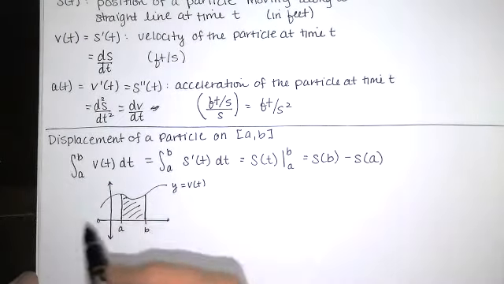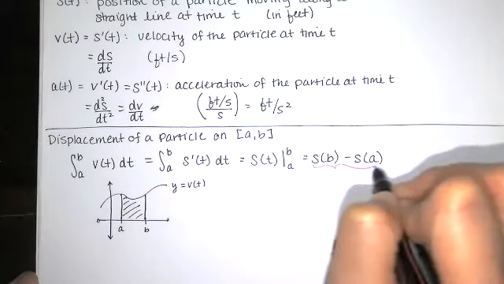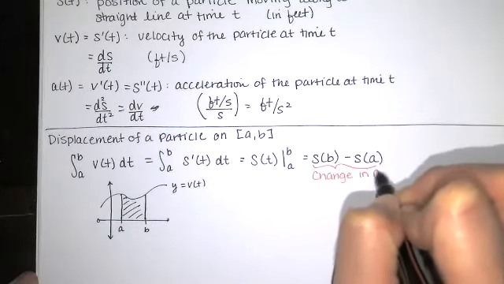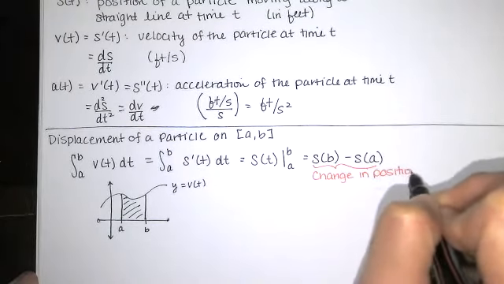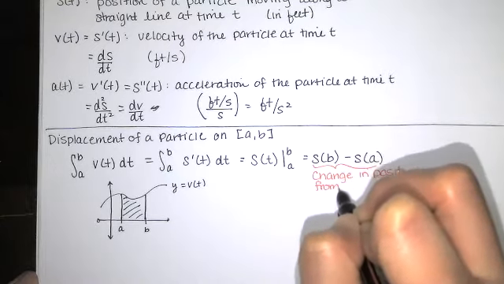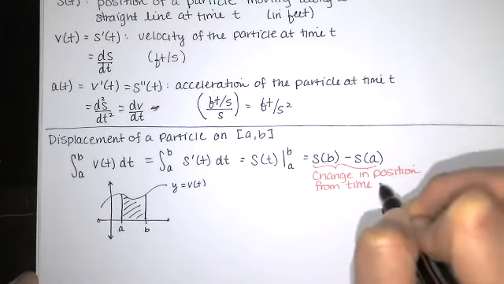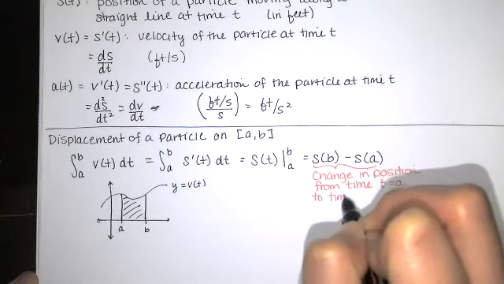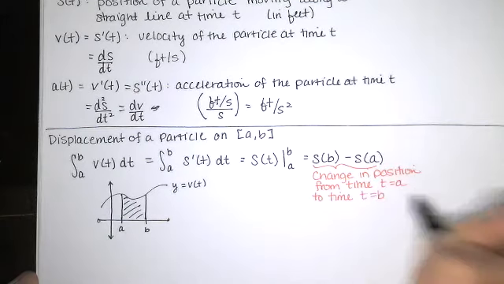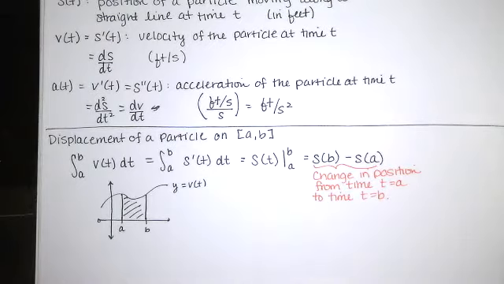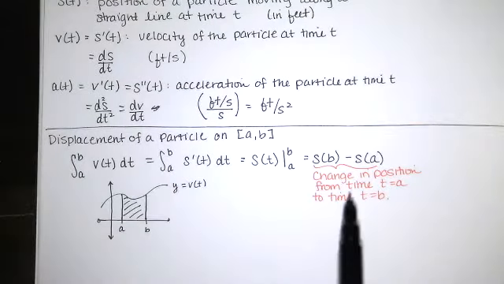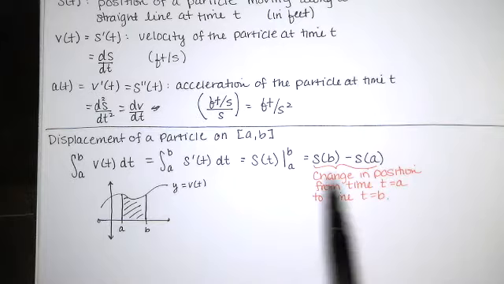Let's see, but this is the change in position from time t equals a to time t equals b. Okay, so that's going to give us the displacement of the particle. Change in position is displacement.